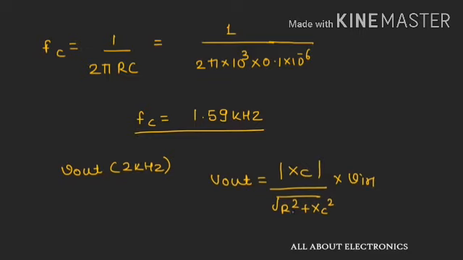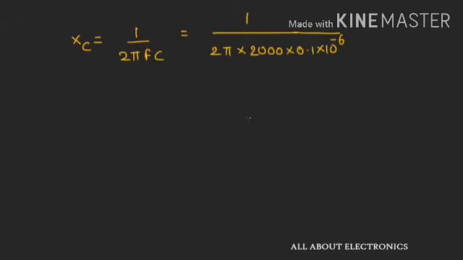So first of all, we need to find the value of reactance at 2 kHz frequency, and we know that the capacitive reactance can be given as 1 divided by 2 pi Fc. Now if we put the values of this frequency and capacitor in this equation, then we will get the value of Xc as 796.